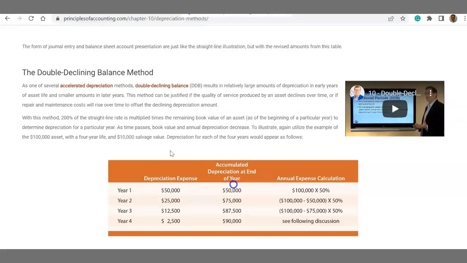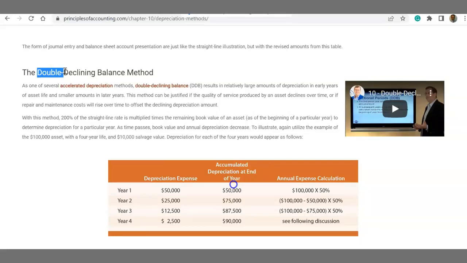100% of equipment divided by, let's say, 5 years life or 4 years life. 100% of equipment divided by 4 years life here in this example is 25%. 25% times double, here is where the double comes, times 2.